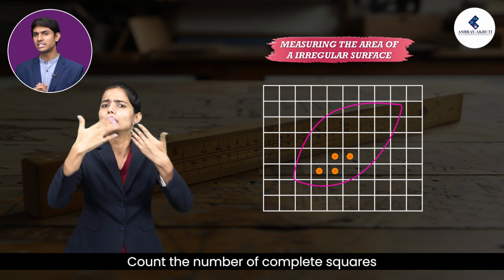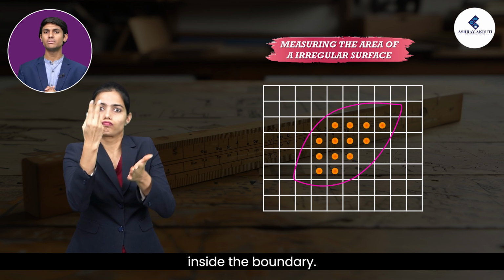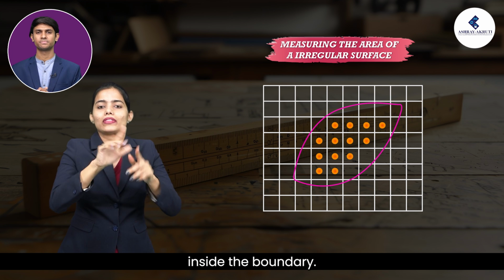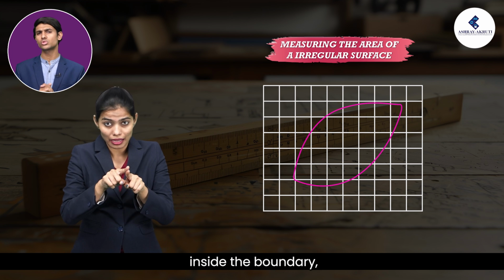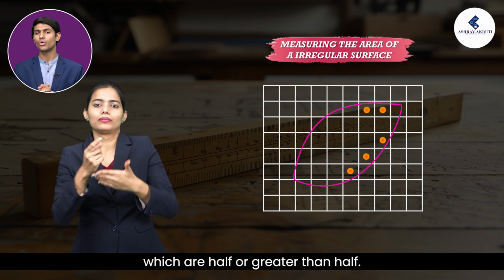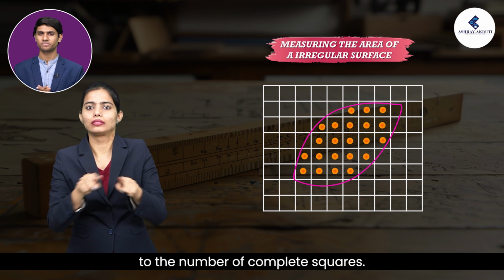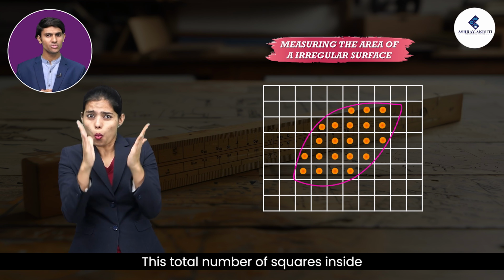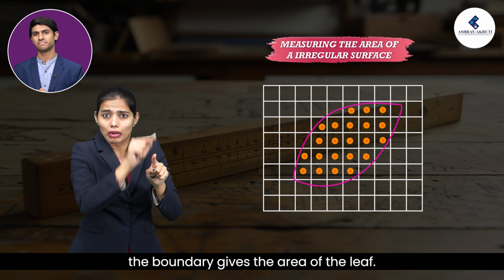Count the number of complete squares, each of 1 cm² area, inside the boundary. Also, count those squares inside the boundary which are half or greater than half. Add this to the number of complete squares. This total number of squares inside the boundary gives the area of the leaf.